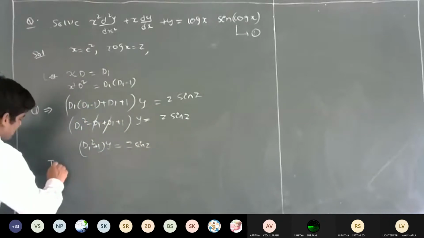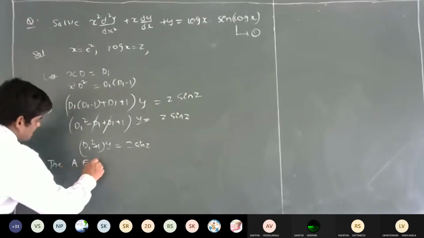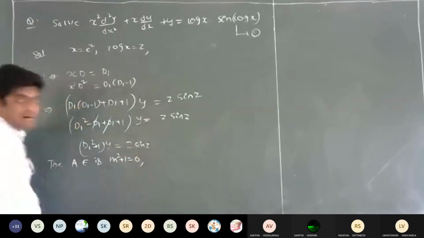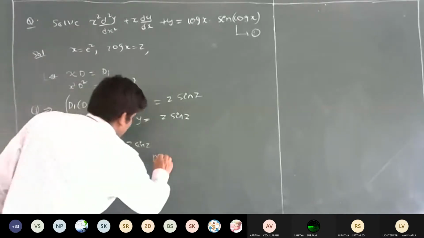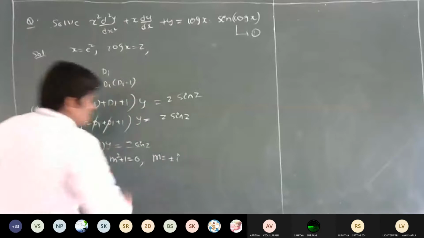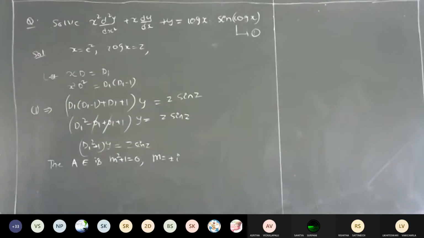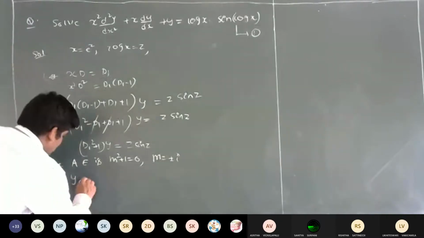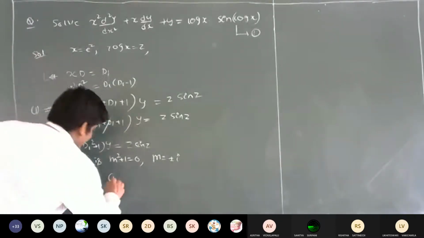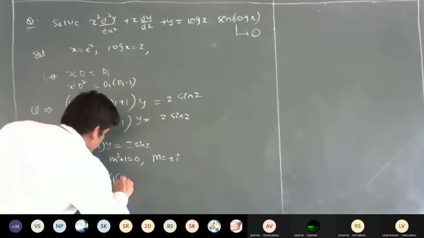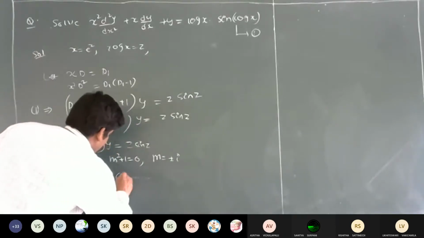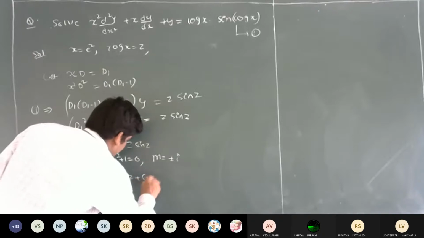The auxiliary equation is m square plus 1 is equal to 0. What are the roots here? The roots are m is equal to plus or minus i. So it is of the form alpha plus or minus i beta, where alpha is 0 and beta is 1. So the complementary solution form is C1 cos z plus C2 sin z.